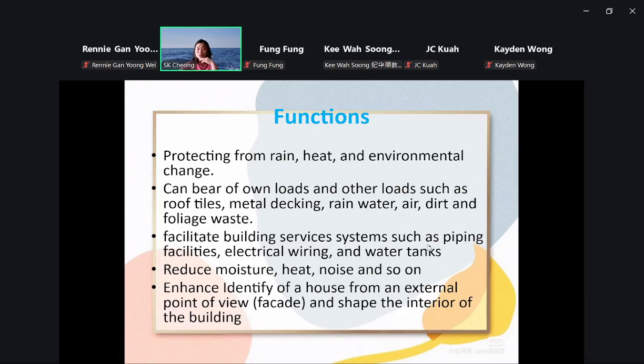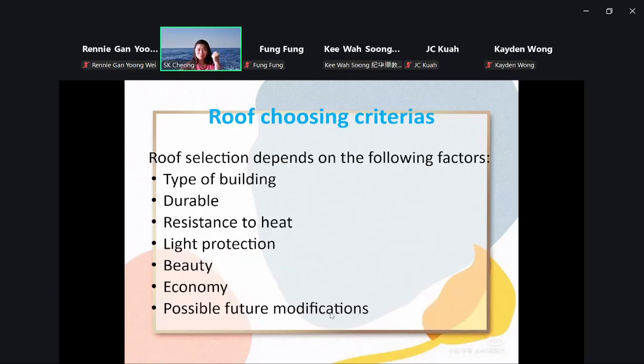Building services such as piping, electrical wiring, and water tanks are also on top of the roof. It also reduces heat and noise, and enhances and identifies a house from an external point of view, the facade, and shapes the interior of the building. So these are the functions of a roof.